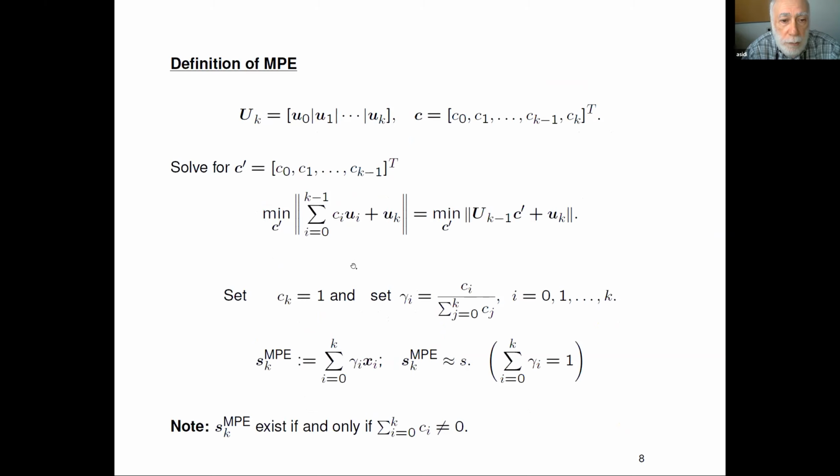I set c sub k equal to 1 because c sub k is actually the coefficient of u sub k in this expression. And then I compute the gammas as follows. This way, the sum of the gammas is equal to 1, of course. And then this is the approximation for MPE. Of course, this exists provided the denominator here is non-zero. Otherwise, it does not exist.